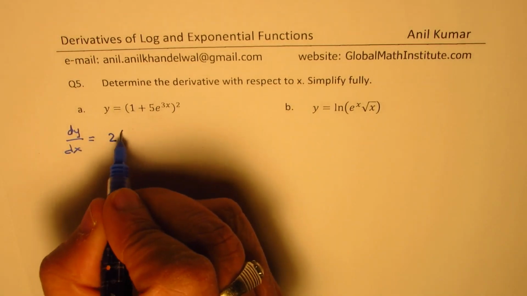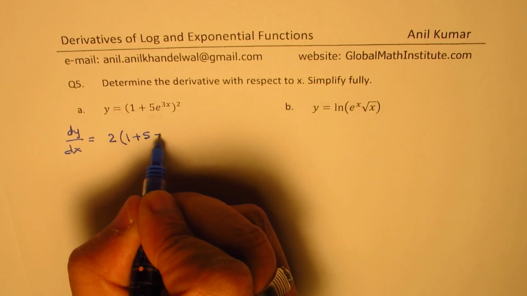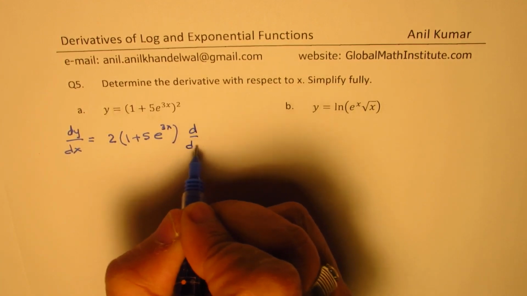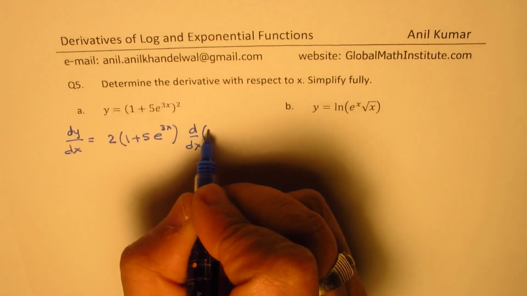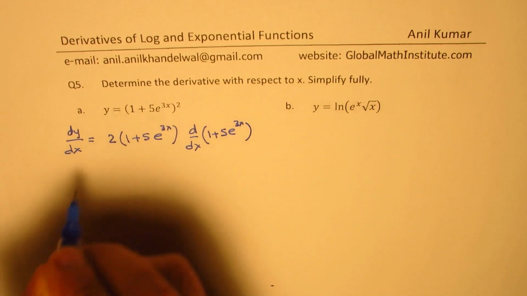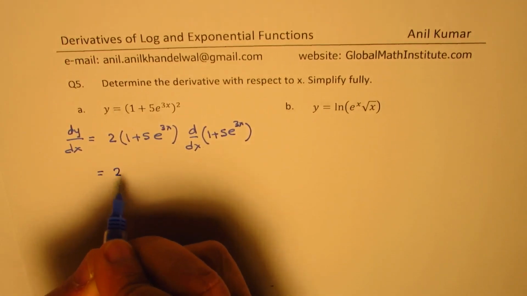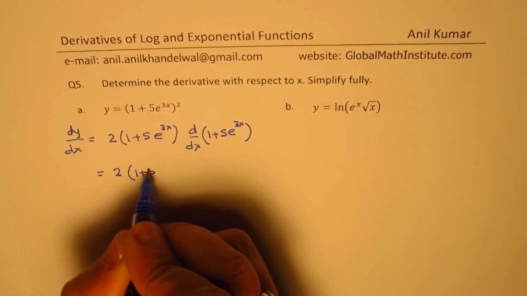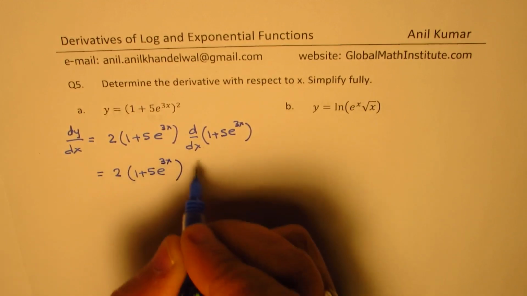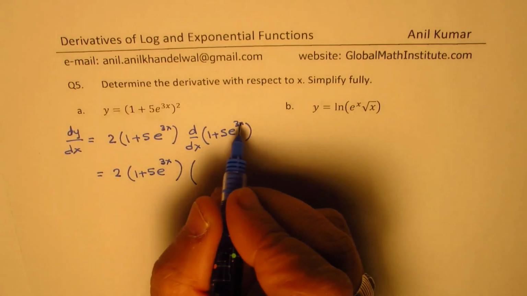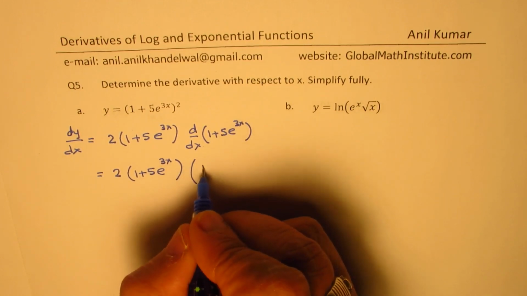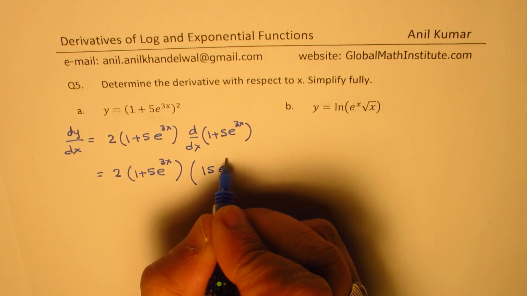2 times (1 plus 5 e to the power of 3x) times the derivative of the inside function, which is 1 plus 5 e to the power of 3x. Correct? So we get this as 2 times (1 plus 5 e to the power of 3x) times, this is 1, and that becomes 5 times 3, which is 15 e to the power of 3x.